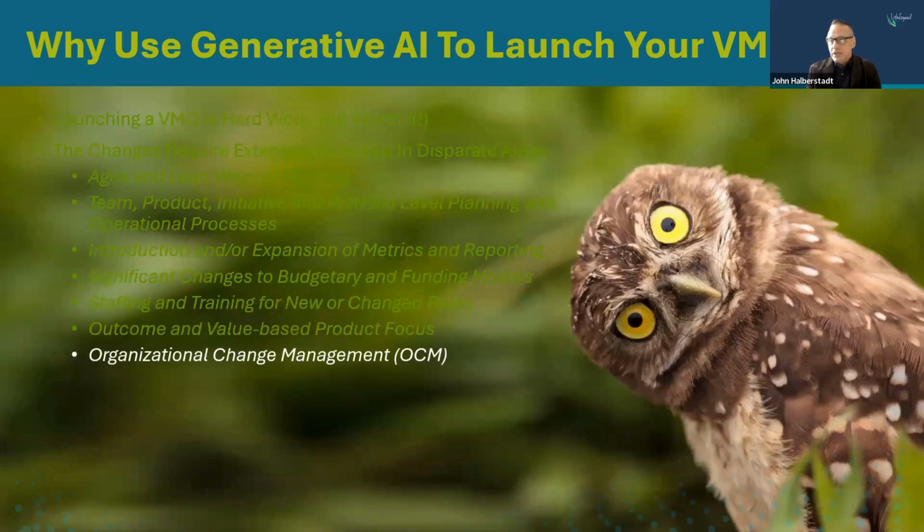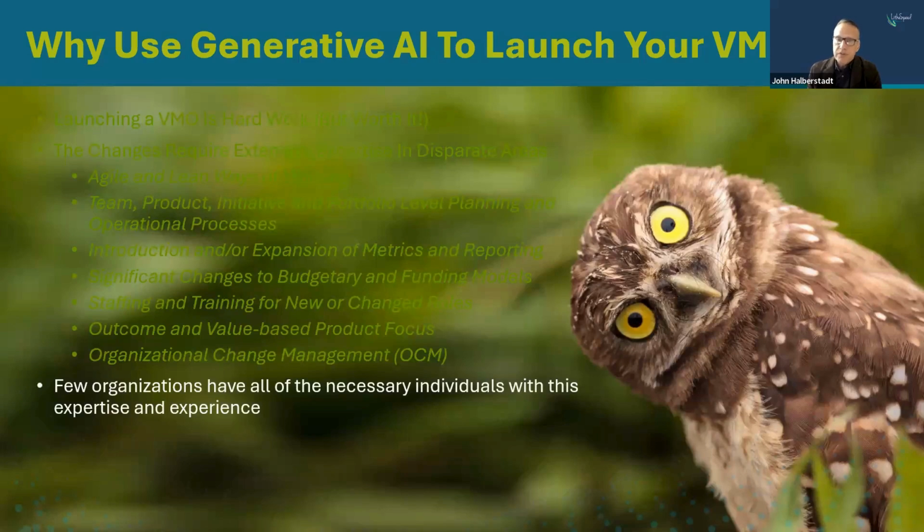And then organizational change management. As I go through this list, each of these are formal disciplines. And to roll this out, we need those areas of expertise and a depth of expertise to roll out our VMO. Few organizations, at least from my experience, have all of those necessary skill sets and those individuals who have that experience and expertise, who have done these things before.